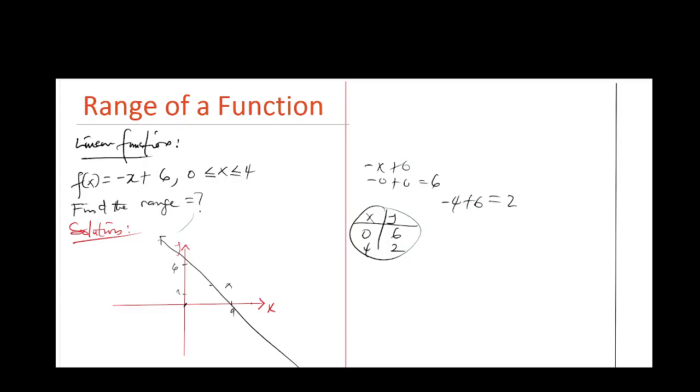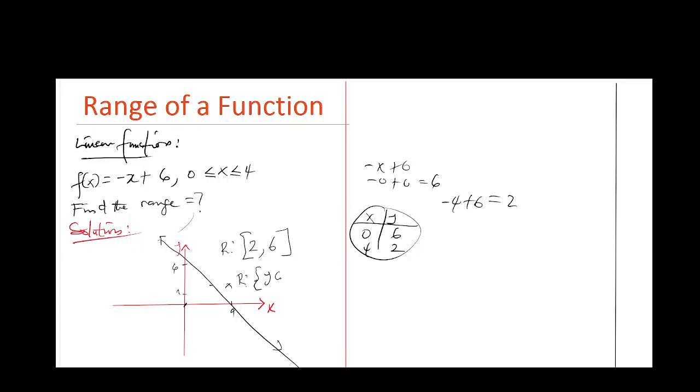How do we now write the range of this function? The range will give us that y is between 2 and 6. Or we may choose to write it in set notation, and that will mean that our y, remember in set notation, we use the curly bracket.